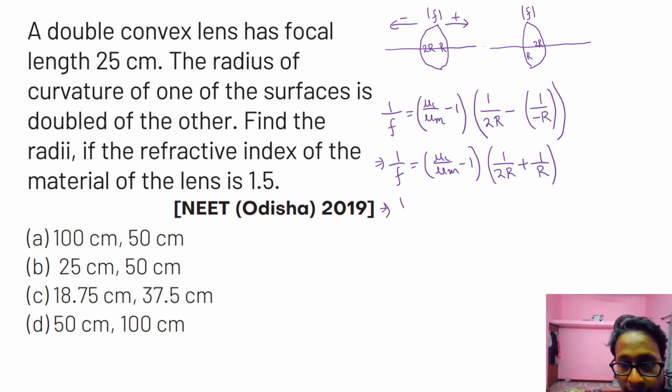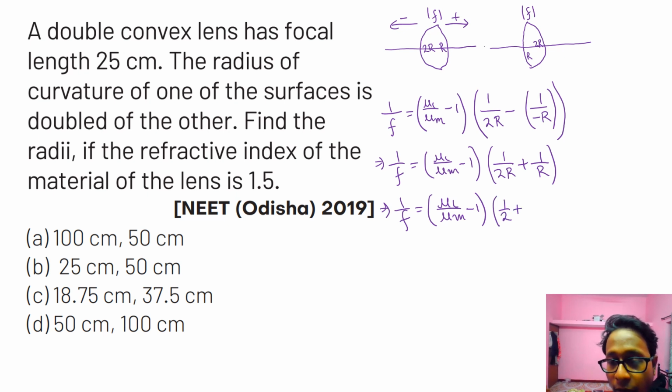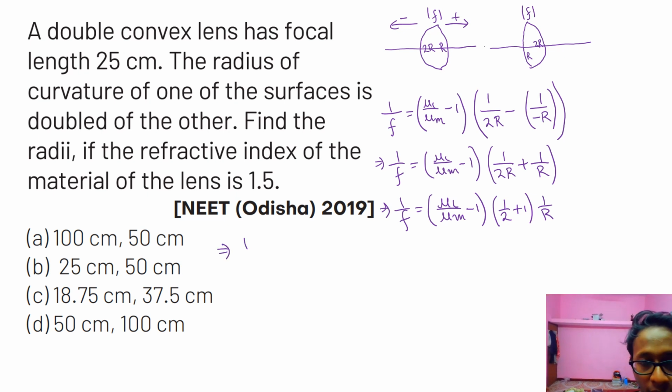If I replace this, 1 by f is equal to mu l by mu m minus 1. If I take 1 by r common, 1 by 2 plus 1 into 1 by r, or 1 by f is equal to mu l by mu m minus 1 into 3 by 2r.